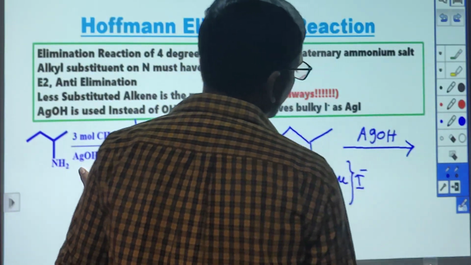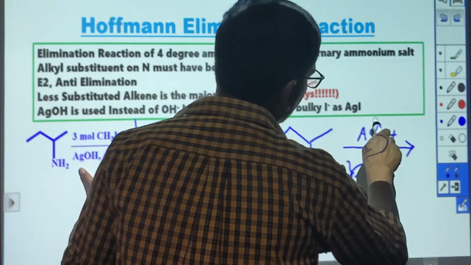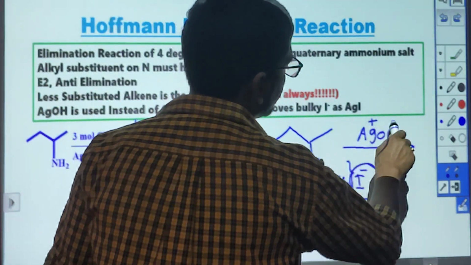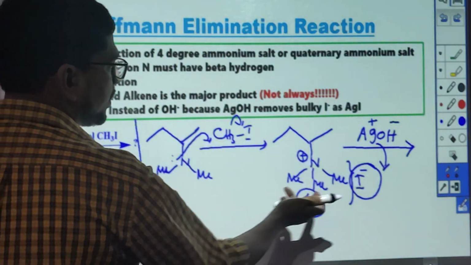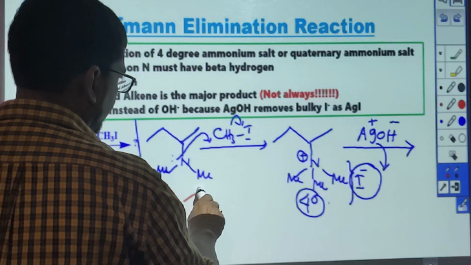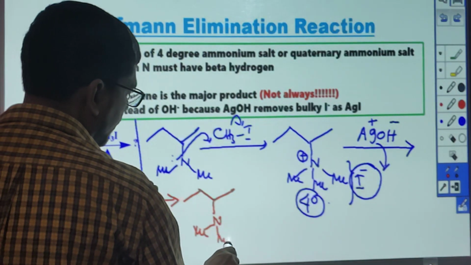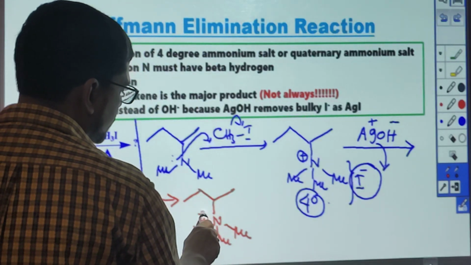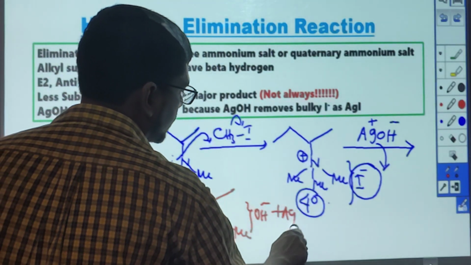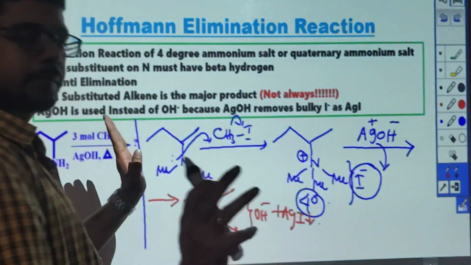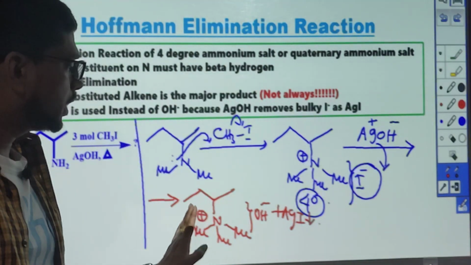This I minus counter ion will react with Ag plus, forming a precipitate of AgI, and I minus gets replaced by OH minus. So we have NMe3 plus, OH minus, plus AgI precipitate. Now from here we can do the E2 elimination reaction.